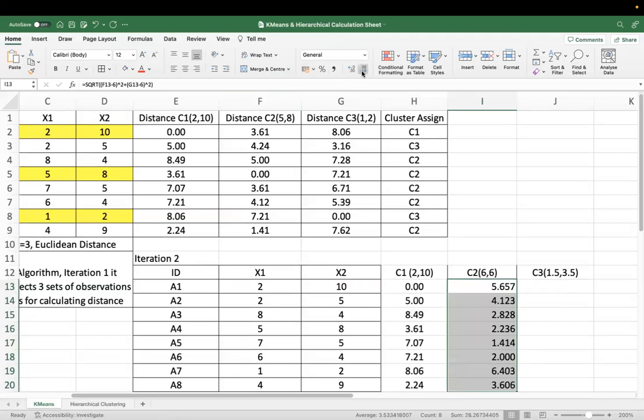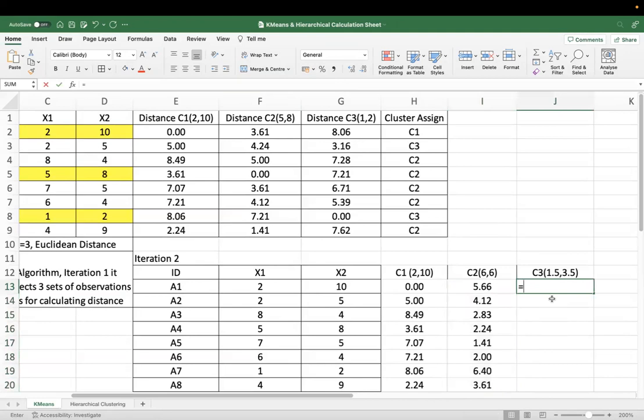Decrease the decimal to 2 and center it. Then SQRT, open 2 brackets, 2 minus 1.5 to the power of 2 plus open bracket 10 minus 3.5 to the power of 2, close bracket.